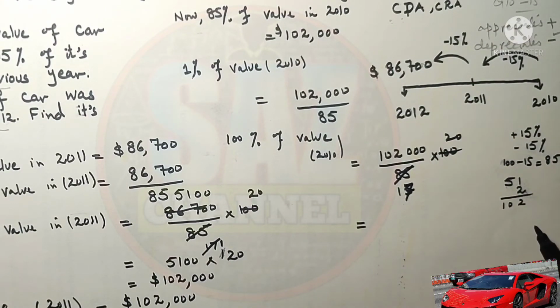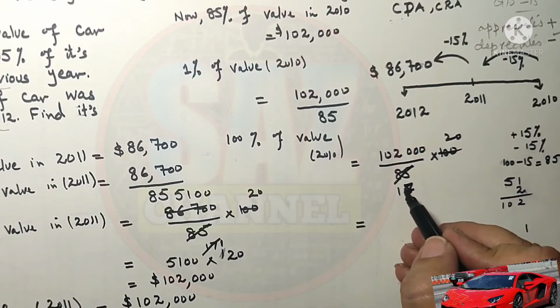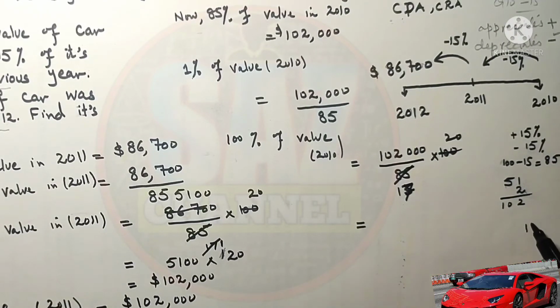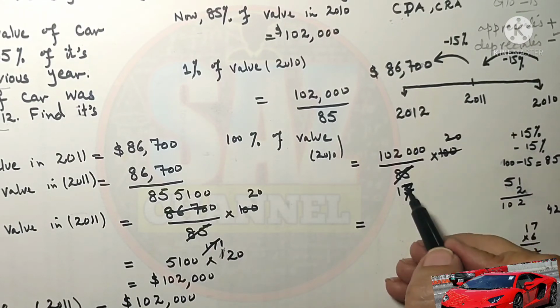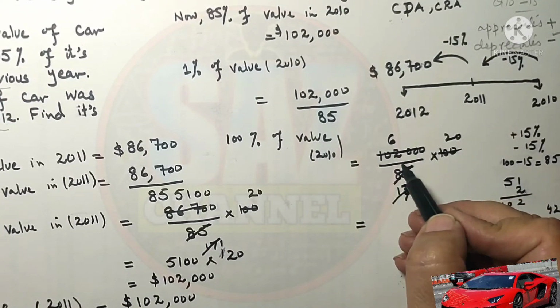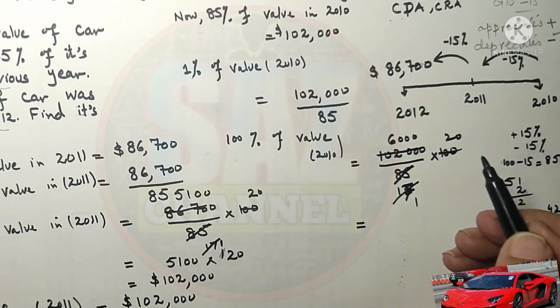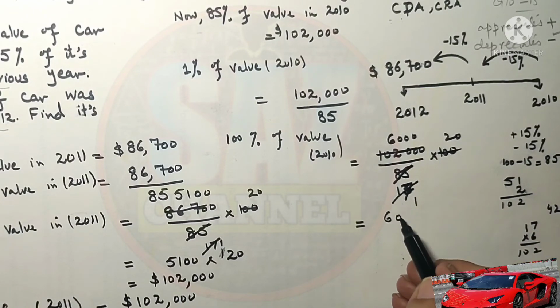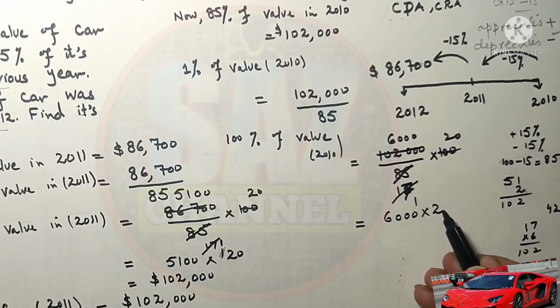And now the table of 17: 7 5s are 35, 7 6s are 42, plus 6 is 102. So 17 6 times is 102, and I'm left with 3 zeros. 6,000 multiplied by 20.